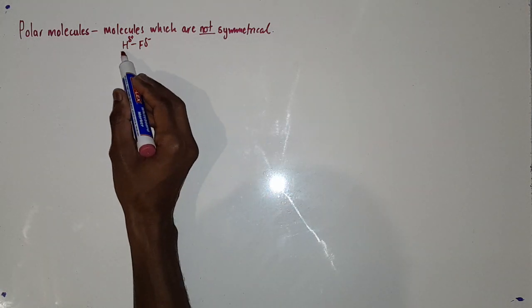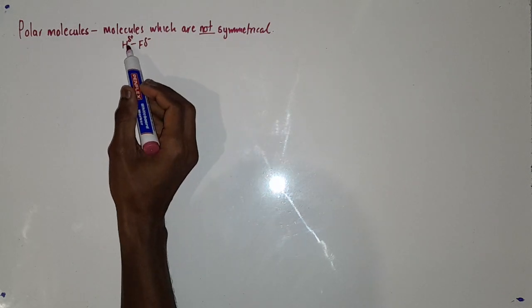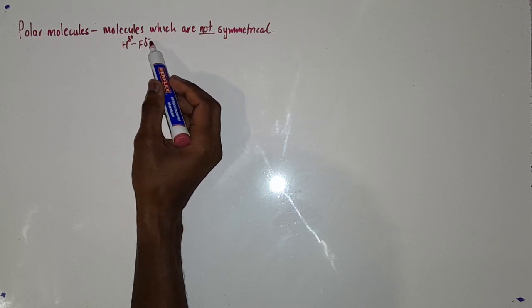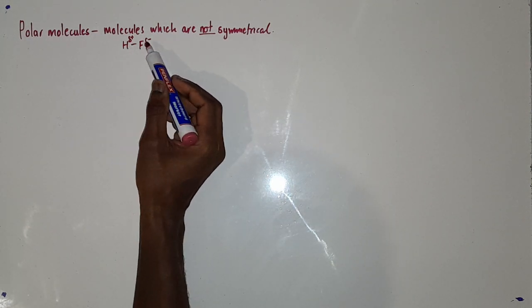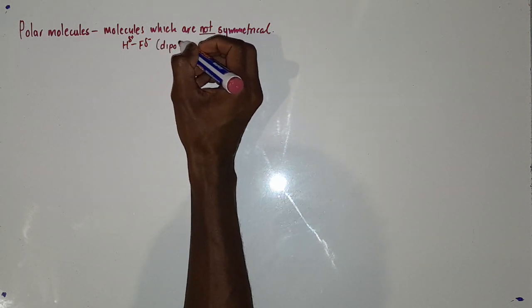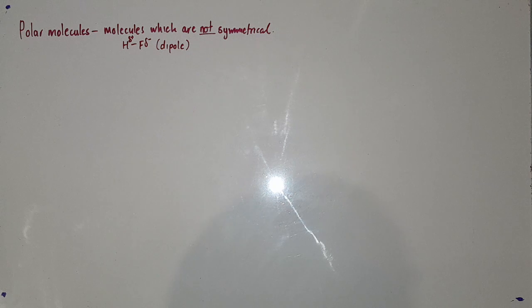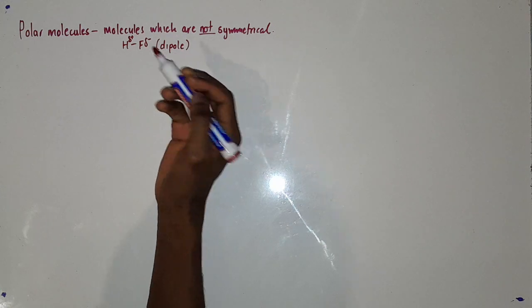From this, we can see that these two are not symmetrical. On this side we have hydrogen, which is slightly positive, and this one is slightly negative. We say such molecules are dipoles, meaning they consist of two poles, which is positive and negative.